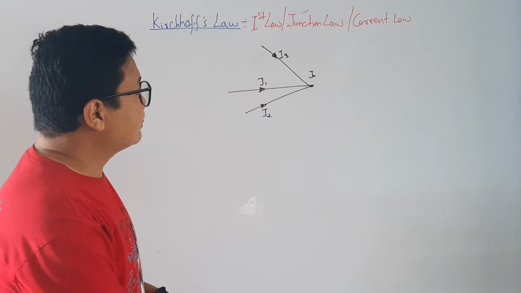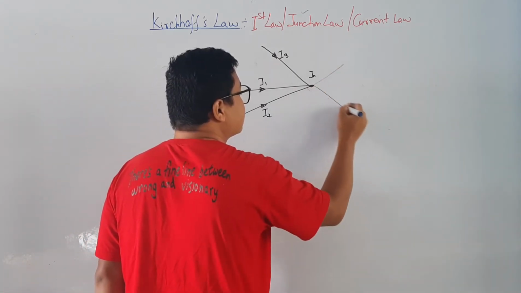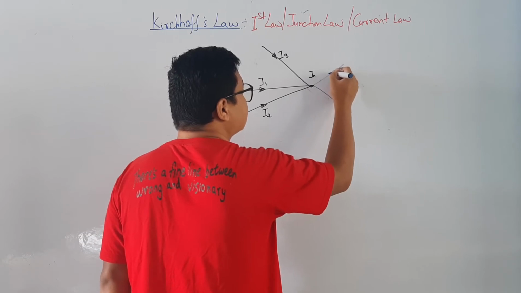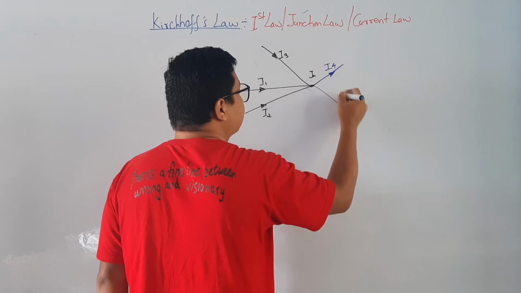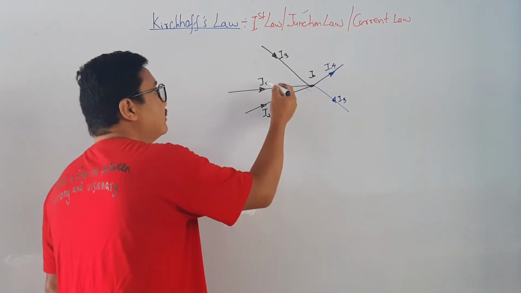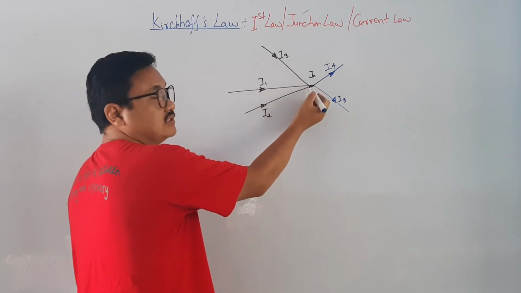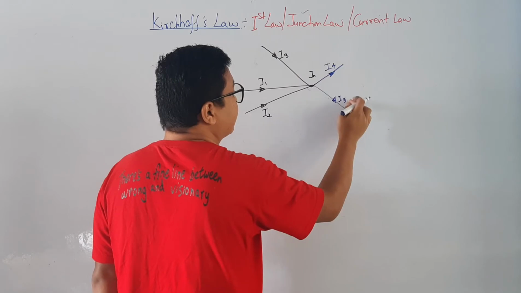From this junction, let us consider there are two currents which are going away, and these are I4 and I5. So I1, I2 and I3 are coming at this junction, and I4 and I5 are going away.